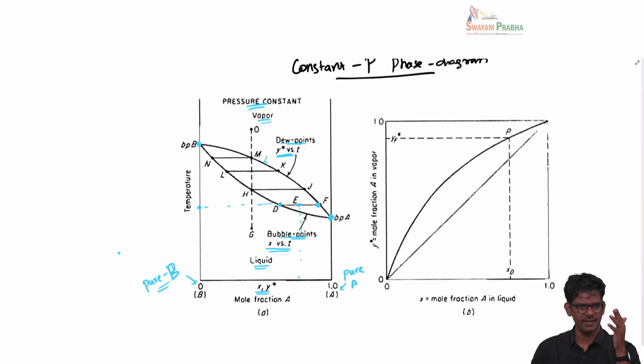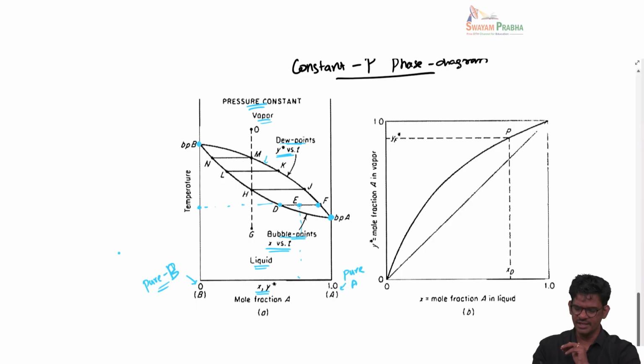Again, any composition below the bubble point will be a pure liquid, any point above the dew point curve would be a pure vapor. But if you create any composition within these two lines, it will phase separate into liquid and vapor which are in equilibrium. That's why we call these the vapor liquid equilibrium curves.